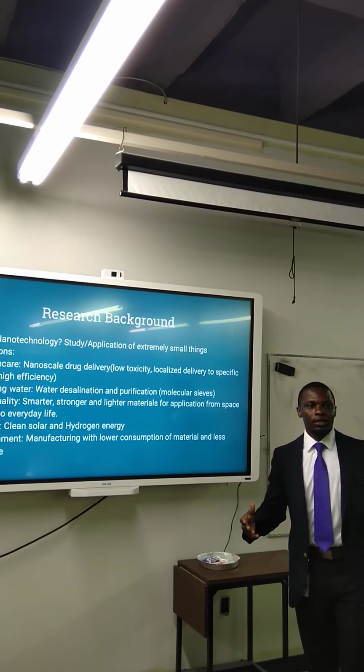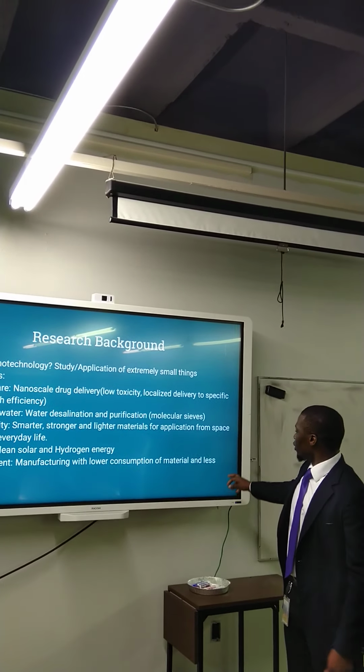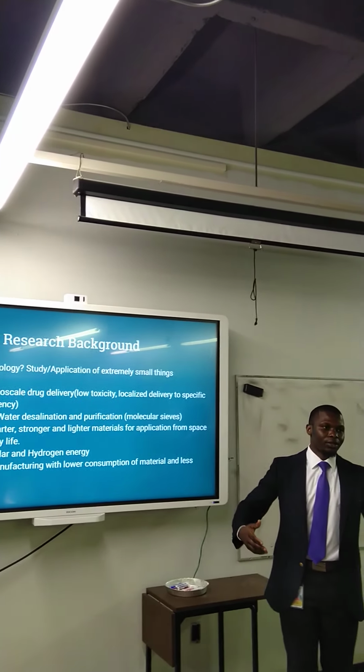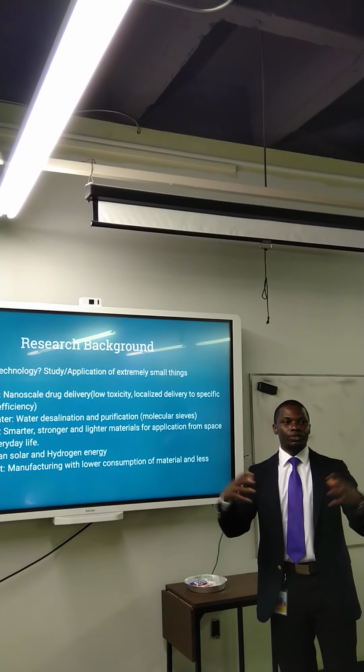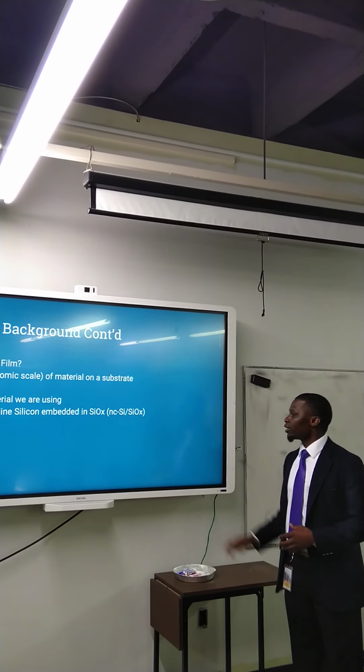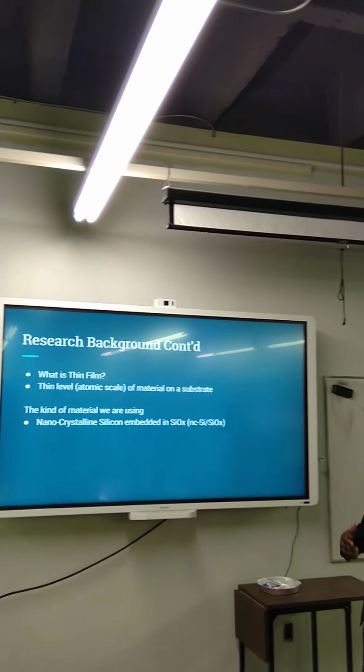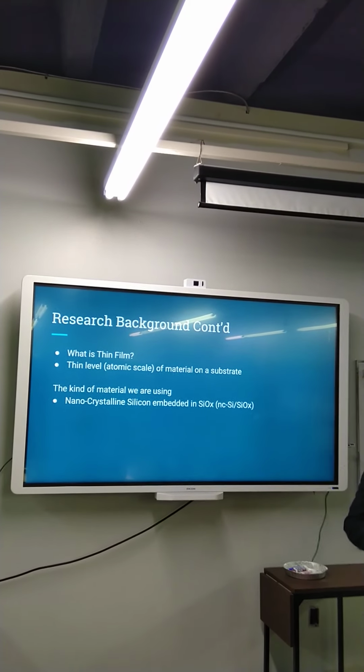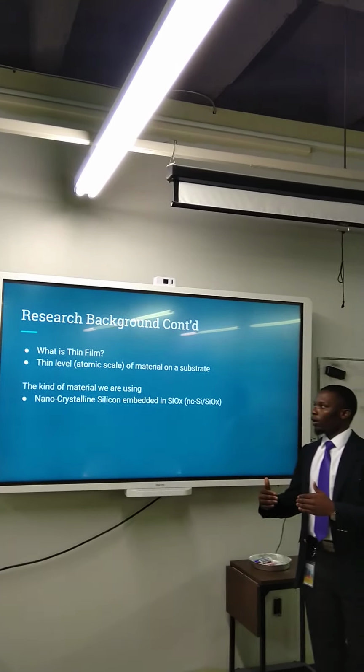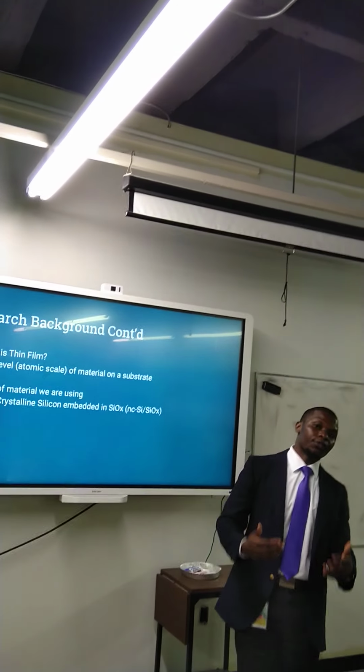So with this, where we have a scramble for materials, we will be able to reduce that using nanotechnology. And then what I was looking at was how to prepare thin film.